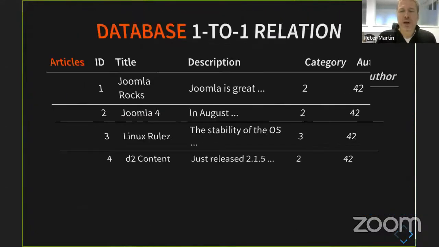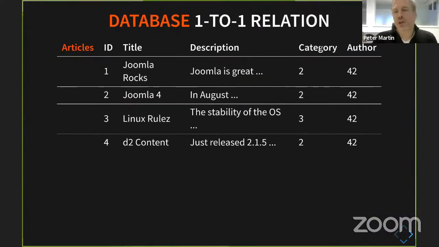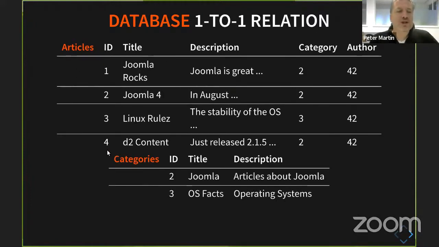And if you look at Joomla, you can see that it has a category ID and an author ID. So information about the category itself is not put in the records for the articles. Information about the author is not put in the records for the articles. Instead, you have an extra table called categories, which stores the ID of the category, the title of the category and the description.